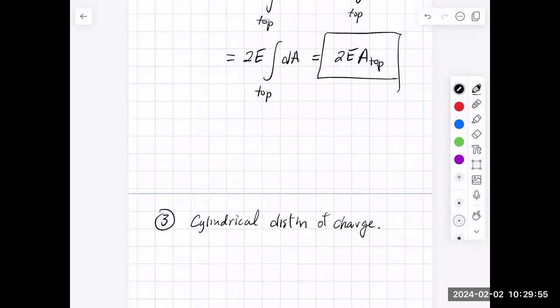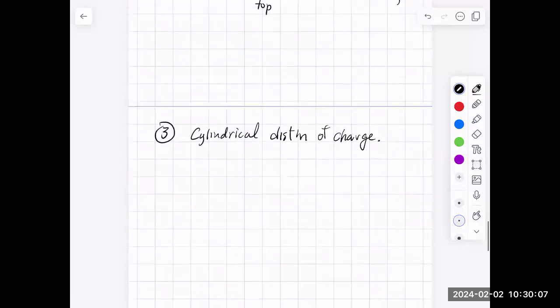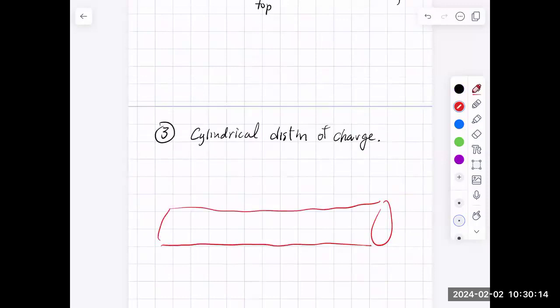This could either be a line of charge that we've already done, or it might be a rod that has some radius to it. So let's think about that. Let's draw a charged rod, where I'm going to assume that the charge is uniform throughout the volume of this rod. And so this is all charged up.